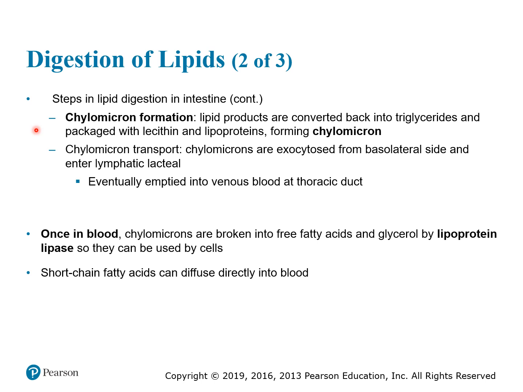It contains lecithin and lipoprotein. And now these chylomicrons are transported by exocytosis. By exocytosis they move out from the basolateral surface, and now they are in the interstitial fluid.